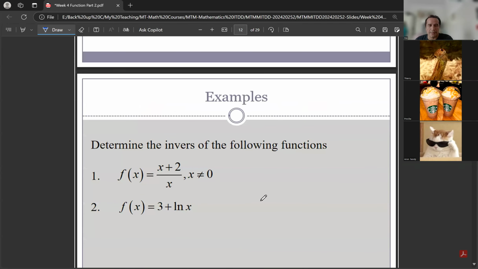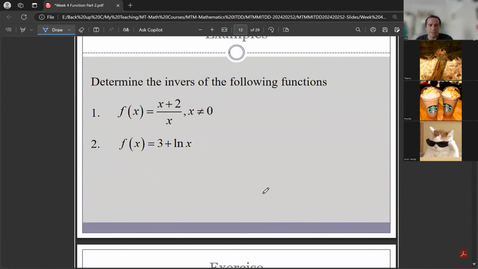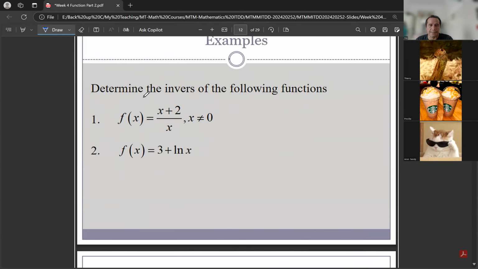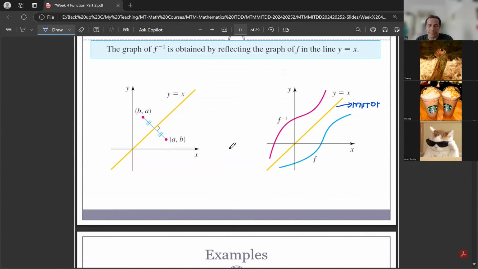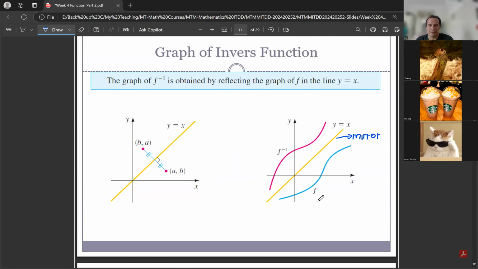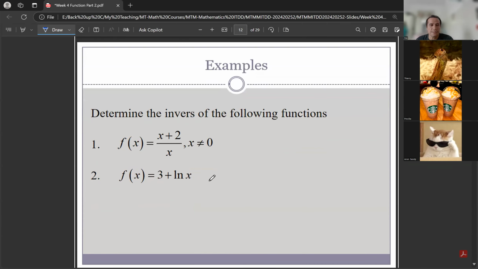Okay, look at this example. We want to determine the inverse, and for some functions we can graph the function, we can make a picture of the function. Okay, this is number one, how to get the inverse of a function.